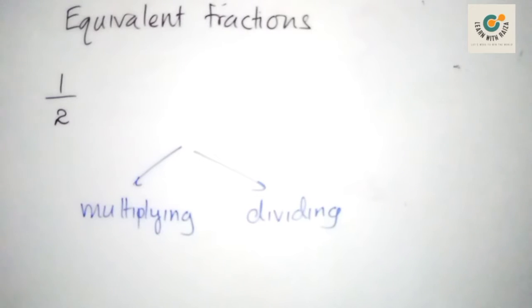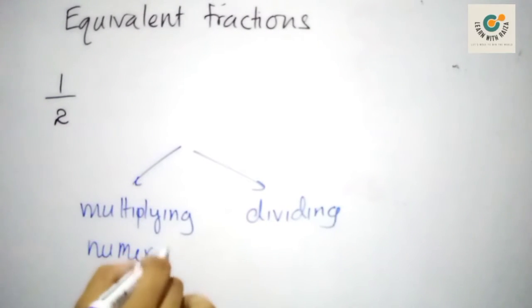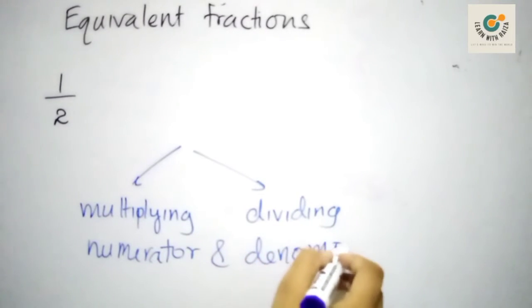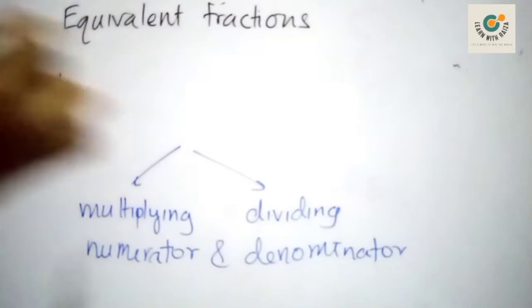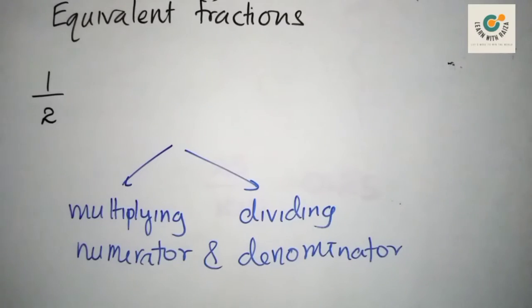Multiplying and dividing the numerator and the denominator by the same number, we call it the two methods for the equivalent fractions. Under these two methods, we can make any equivalent fractions.